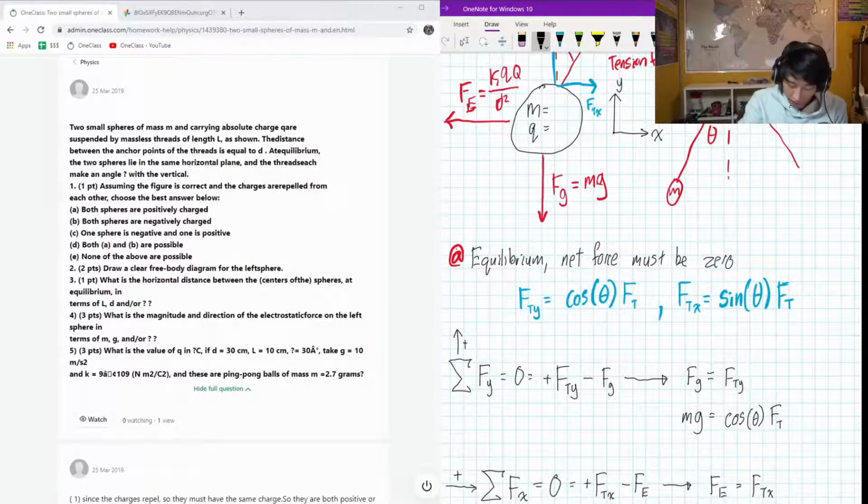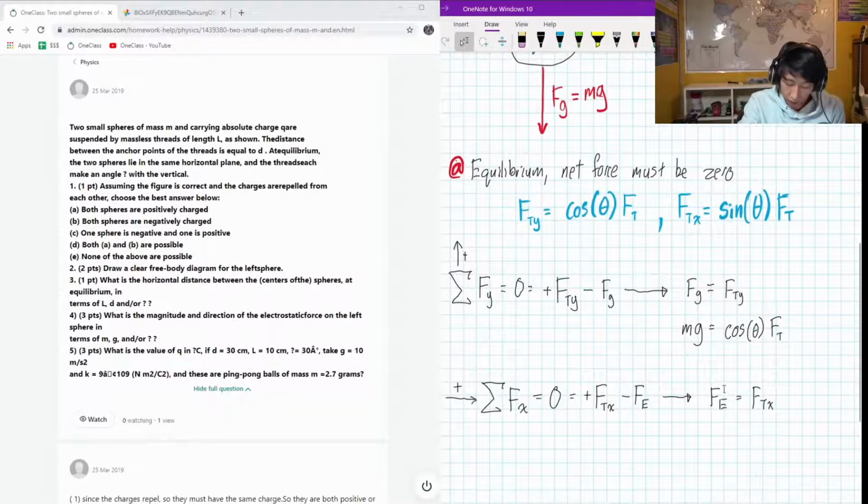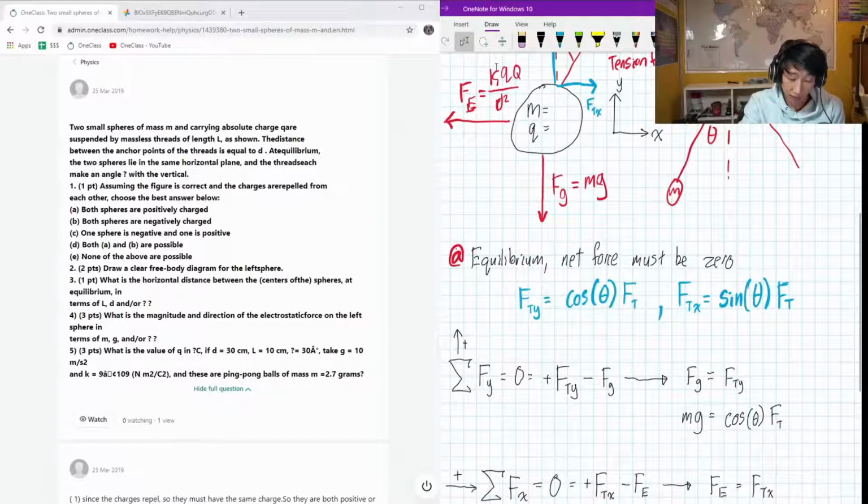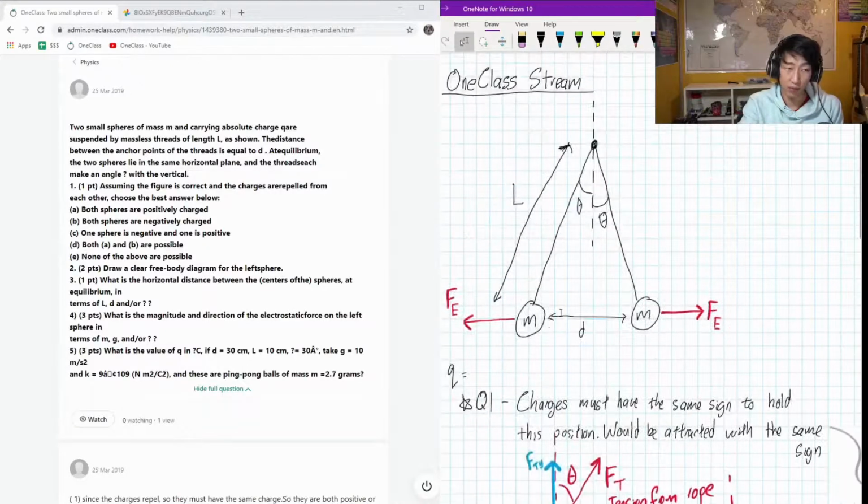Okay, that's pretty cool and all, but we want to write these in terms of the things that we know. So Fe, we're going to sub out for kQ over d squared, but since the charges on both of these spheres are separated from here, it doesn't mention that they're different charges, so they would kind of have to be the same charge.